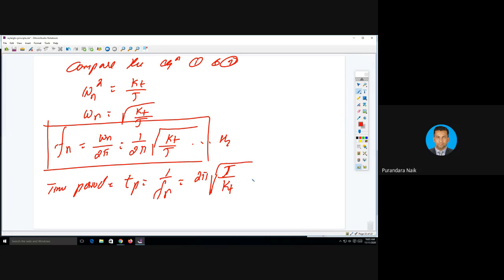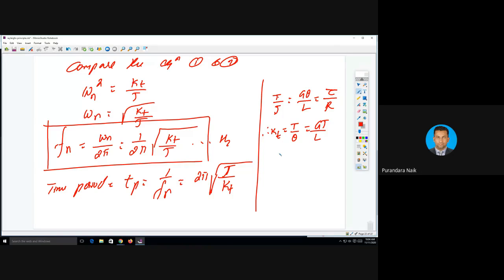How do you find out the value of K_t? You know the torsional equation, right? T by J is equal to G theta by L is equal to tau by R. This is the torsional equation. Therefore, K_t is equal to torque by theta, that is T by theta, which is equal to GJ by L. Correct?